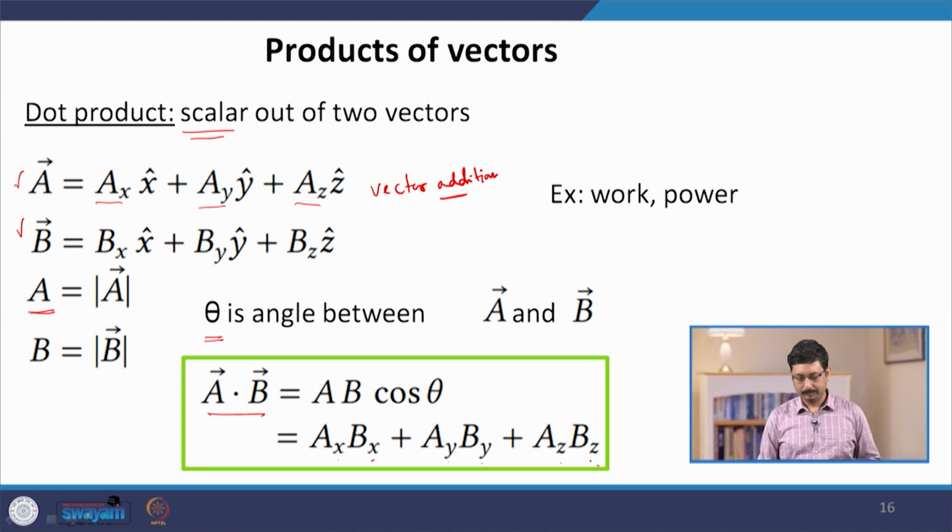So, this is the rule. Now, in this course, some quantities that are dot products will be work done and power. We will discuss those quantities in appropriate places. Here we focus on the mathematics.